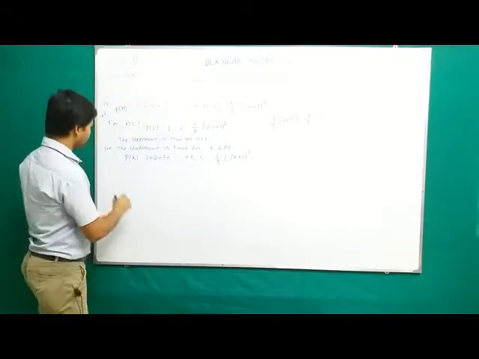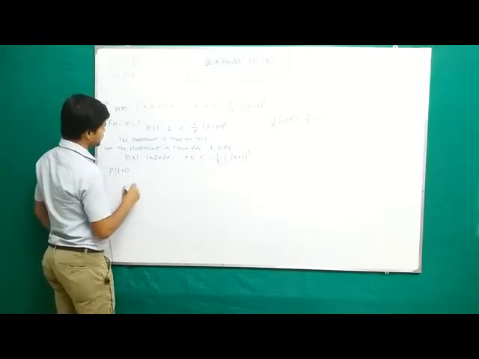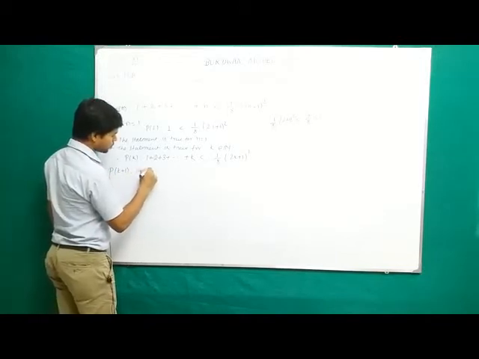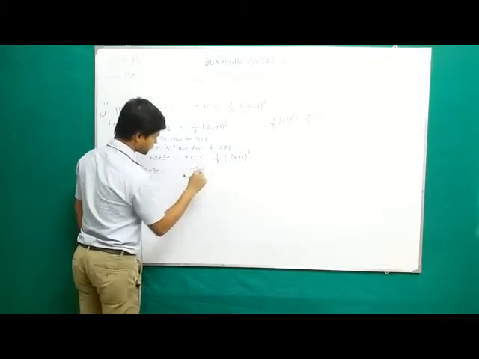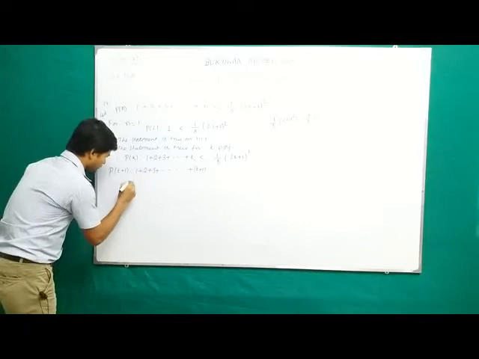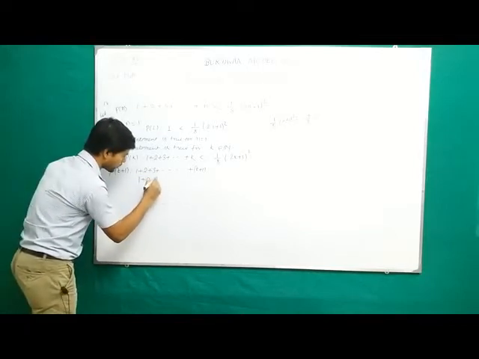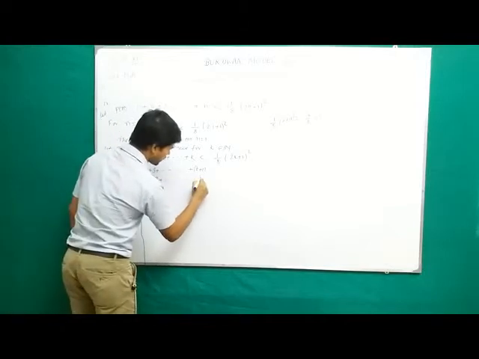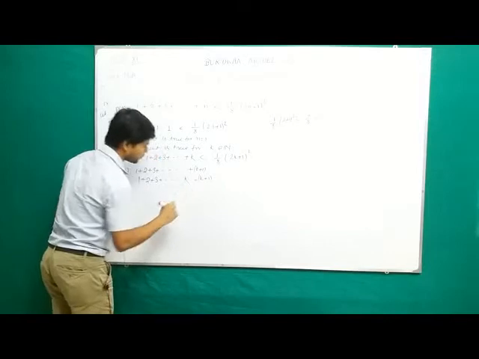For that, we will consider this expression p of k plus 1, which will be equal to 1 plus 2 plus 3 plus dot dot dot plus k plus 1. Rewrite the expression 1 plus 2 plus 3 plus dot dot dot. Look, the last term is k plus 1, so its previous term will be equal to k.